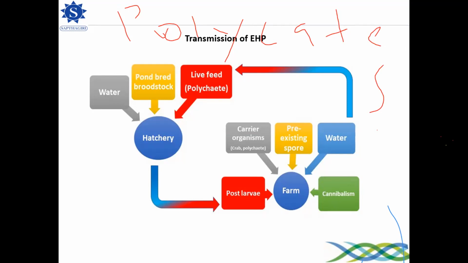There are many reports from China, Thailand, and even India that Artemia biomass is prone to be a host for EHP. Second thing, water.